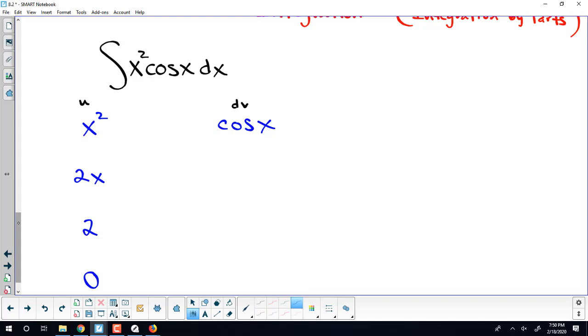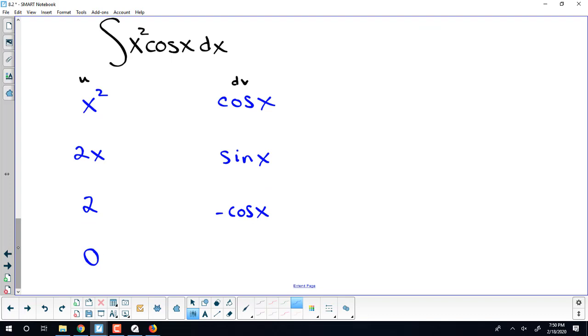So the antiderivative, again, and then the antiderivative again. So more or less, that really hasn't changed. Is everybody okay with that?